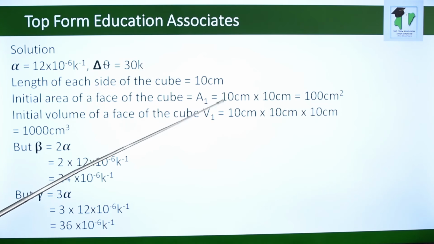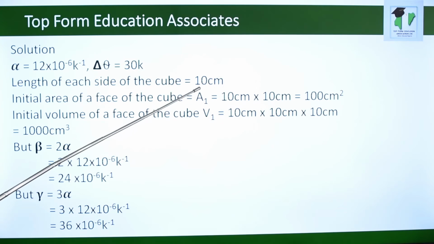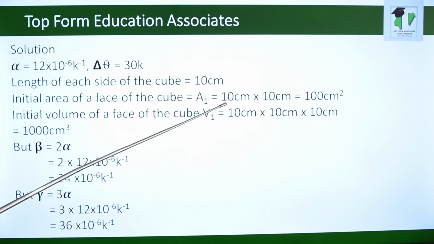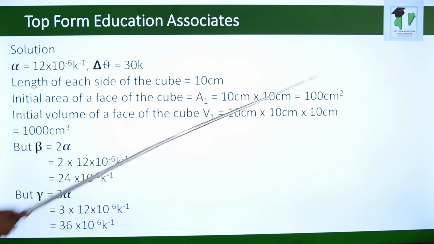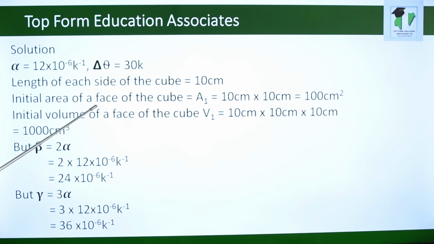Meaning A1 gives you 10 times 10. It's a cube, so we have 10 times 10, giving you 100 cm squared as one face of it. The initial volume of the cube, V1, will give you 10 times 10 times 10. That gives you 1000 cm cubed. Are you following it?